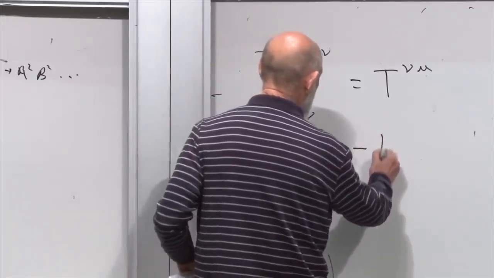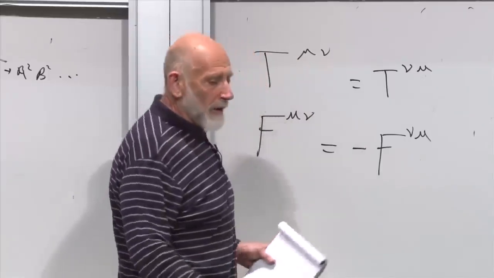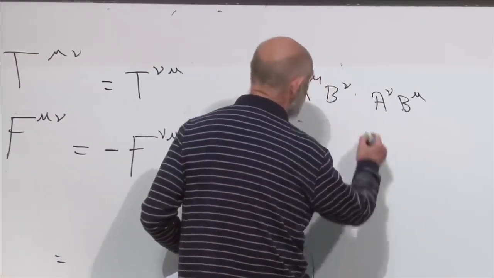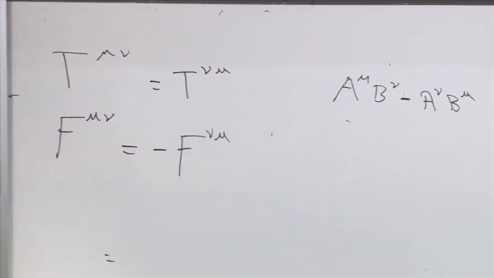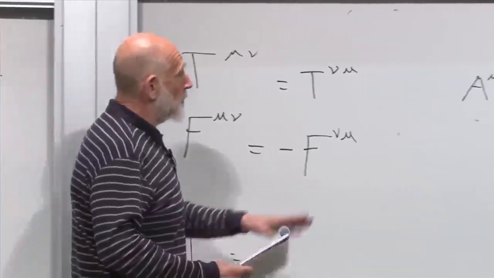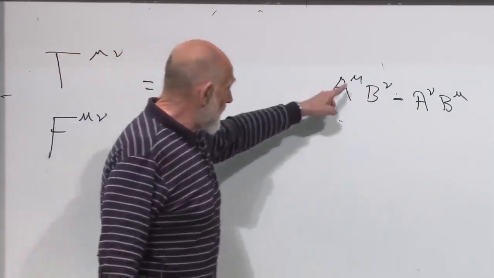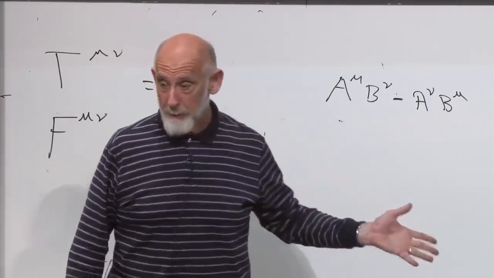The tensor which, when you interchange nu and mu, changes sign. We could construct such a tensor by putting a minus sign here. Putting a minus sign there would construct a tensor which would change sign when you interchange mu and nu. If you interchange mu and nu, this gets swapped with this, but there's a minus sign.